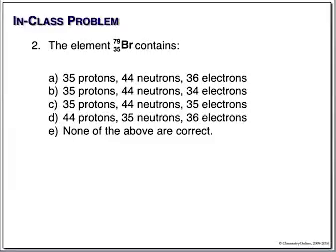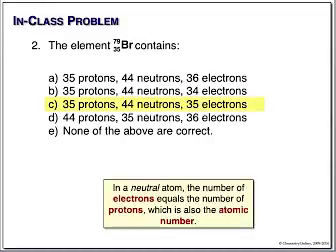Well, the atomic number is 35, so we're dealing with either 35 protons or the dreaded none of the above. 79 minus 35 is 44 neutrons. No charge is showing here. If this was negative or positive, we would show that as a superscript here. We don't. Therefore, it has 35 protons and 35 electrons.